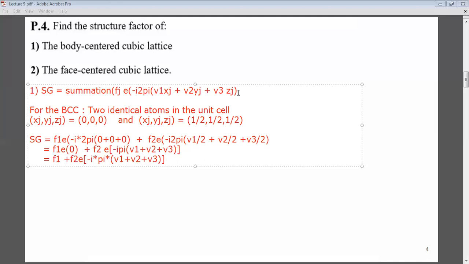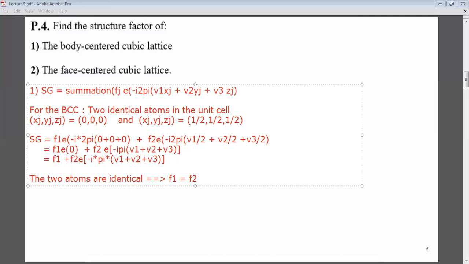Now, since the two atoms are identical, F1 equals F2, because remember from the definition of F, it has to do with the scattering atom.